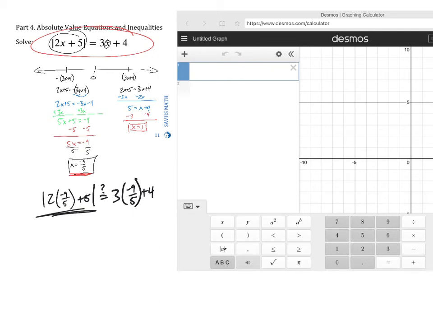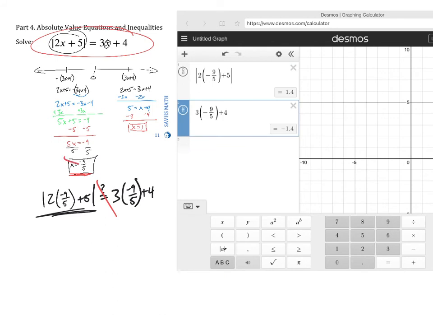So we get 1.4. Over here, we're going to do 3 times negative 9/5 plus 4. And we get negative 1.4. And since these two things aren't the same, this is not an equals sign. And so we have to say this is not equals. So this solution is what we call extraneous.